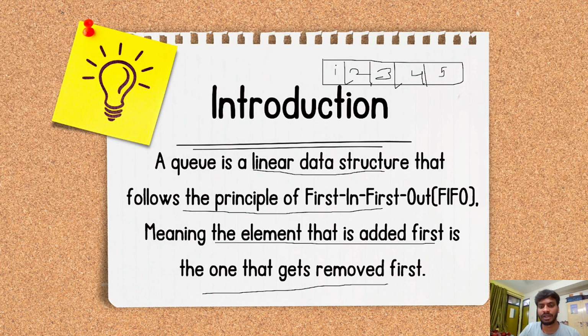The element that we have added first will be the first element to be removed. So 1 is the first element which will be removed.